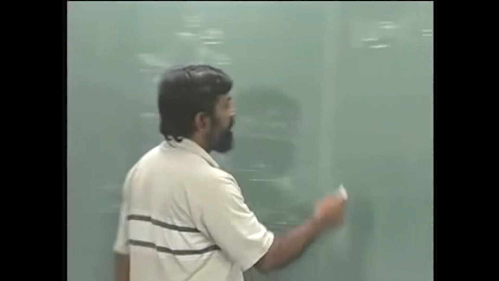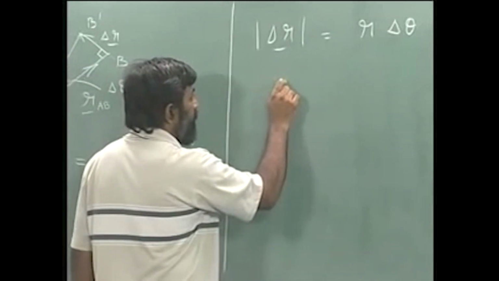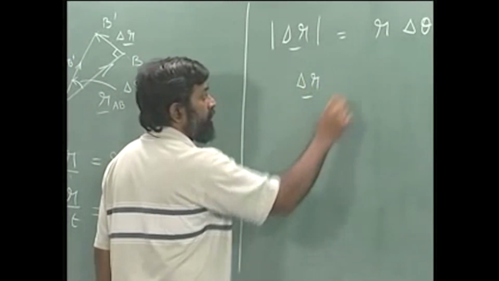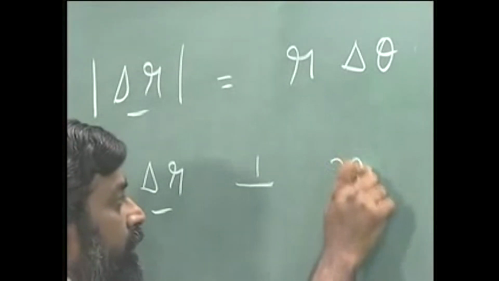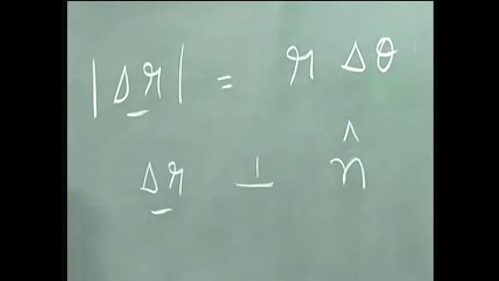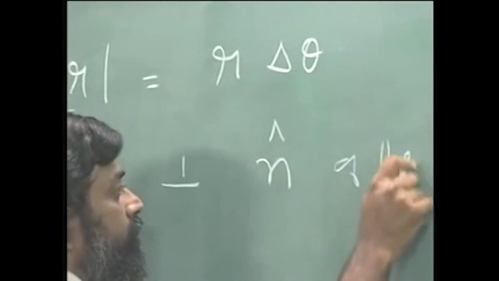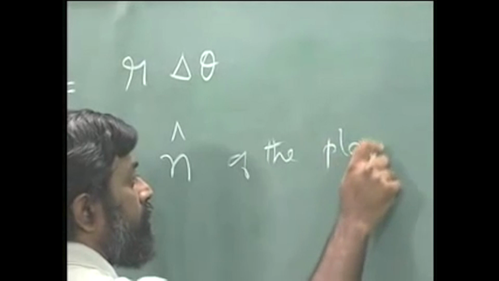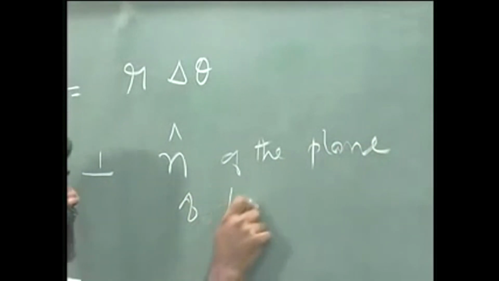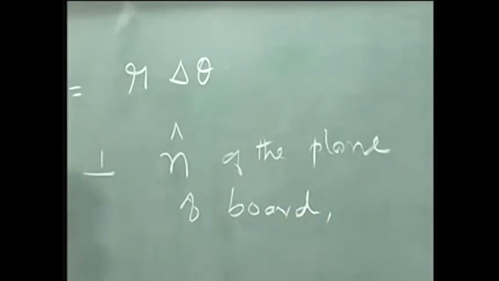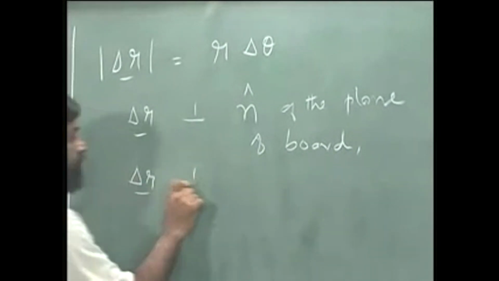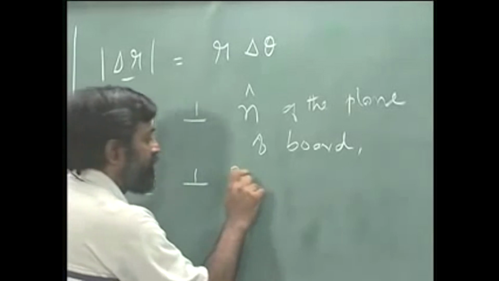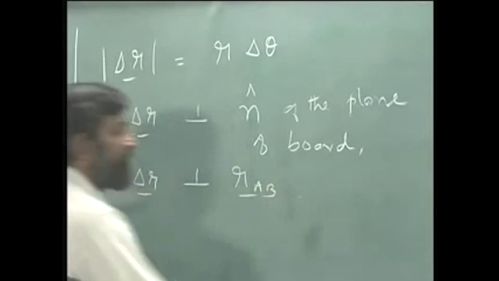So, the fact of the matter is, number 1, delta r vector is perpendicular to the outward normal, let me call it n of the board. It is also perpendicular to RAB. Do you agree with me?